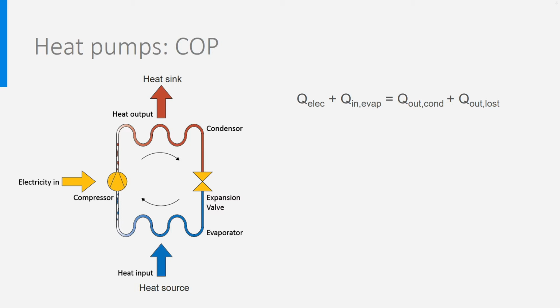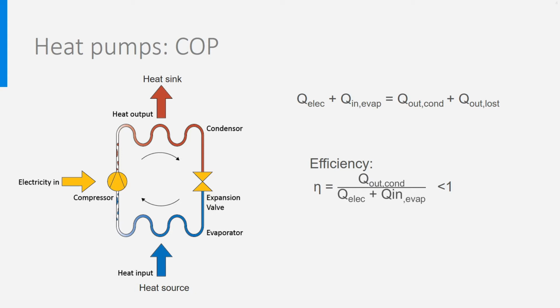According to what we have learned, the efficiency should be defined as Q condenser out divided by compressor electricity in plus heat in at the evaporator. In a heat pump, however, this heat input at the evaporator side is meant to be free environmental heat from the air, the ground, or a river.